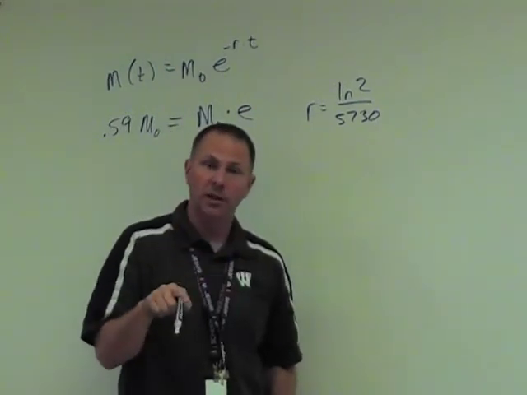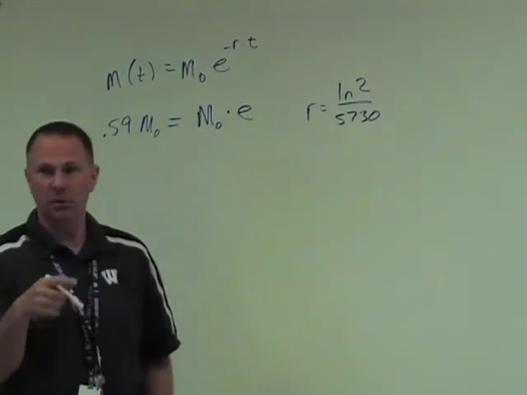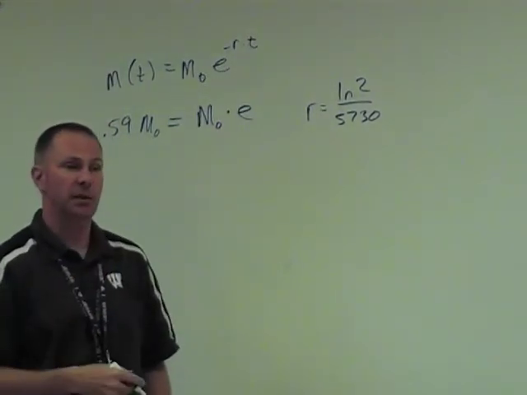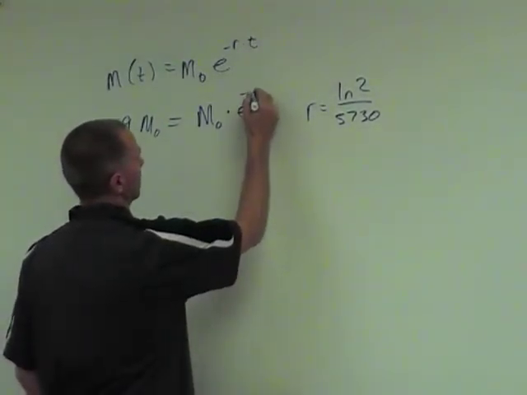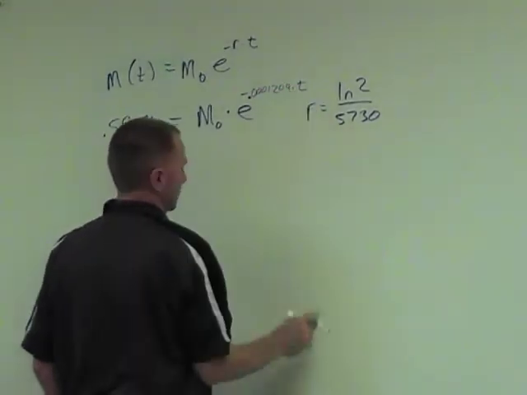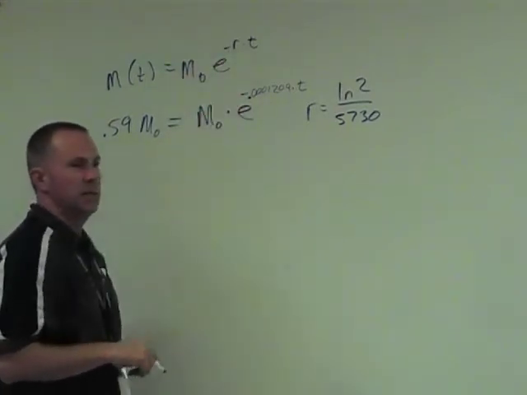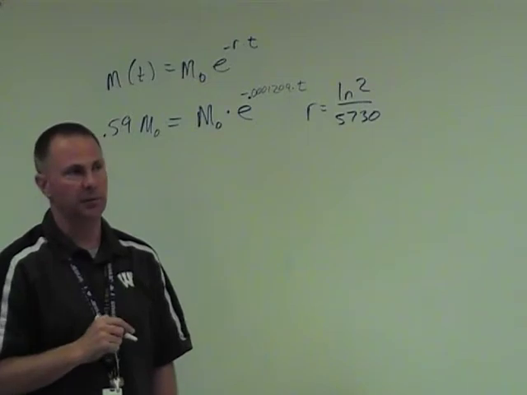So when you do your homework tonight, make sure you're looking at your calculator and don't say it's 1 point something when it has e to the negative something. You've got to move the decimal that many places. So what is it again? 0.000120. Times t. And it's a negative r, so that needs to be negative. Or if it was negative on a calculator, you make it positive up here.